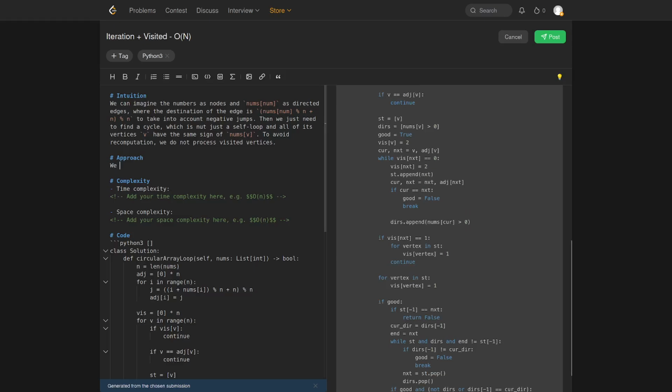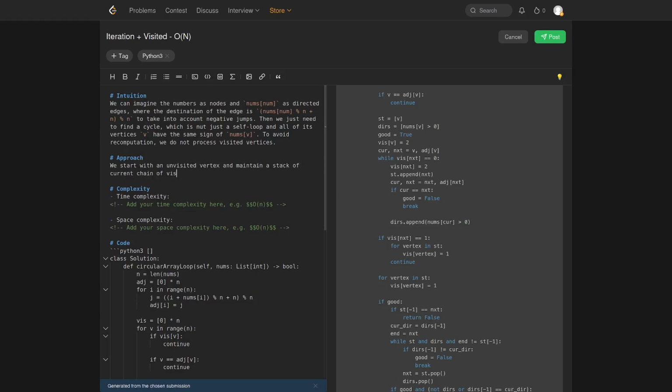Okay, approach: we maintain the stack of current chain of visited vertices.